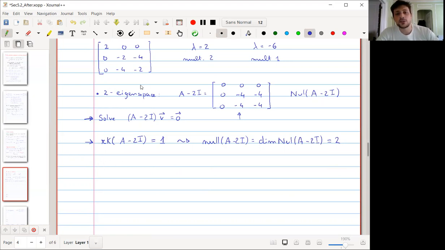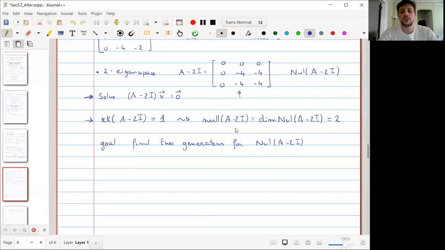To completely determine the eigenspace, our goal is to find 2 generators for the null space of A minus 2I. And of course, this is completely equivalent to solving the linear system, but in this case, we can maybe try and do it by staring at the matrix A minus 2I.